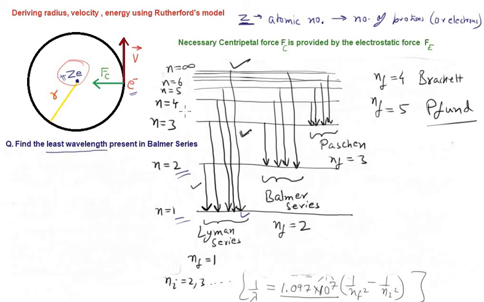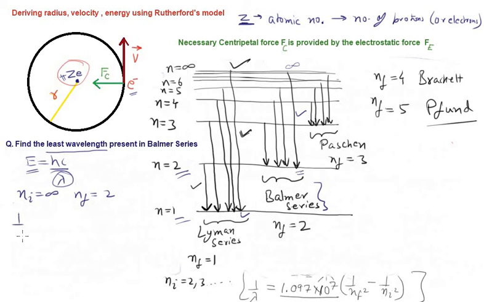Least wavelength will be present at the highest energy, because energy is hc by lambda, so least wavelength means highest energy in the Balmer series. As you can see here, this is the Balmer series. Which transition will result in the highest energy? This one, because initial is infinity and final is nf equal to 2. So n initial will be infinity and n final will be equal to 2.